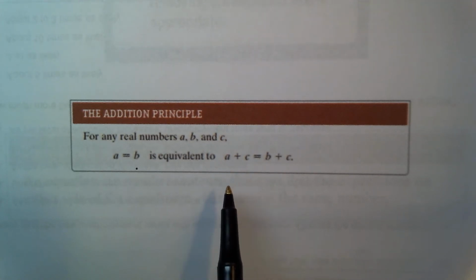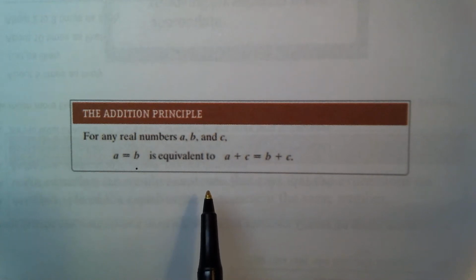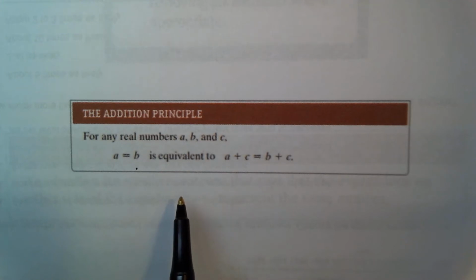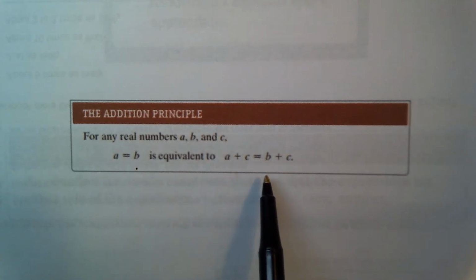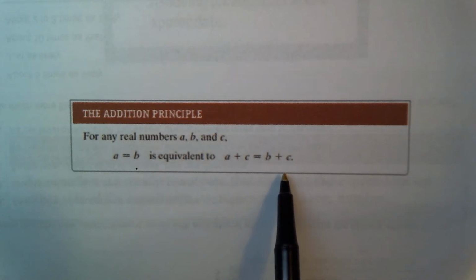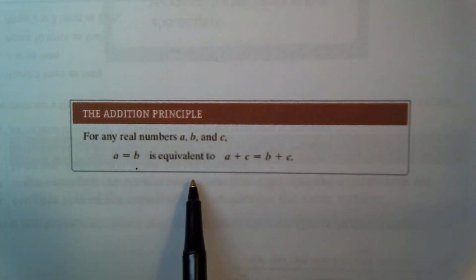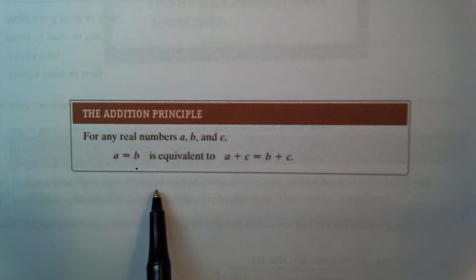And remember, just a moment ago, we talked about equivalent equations, that they have the same solution sets. So what that really says is that this equation has the same solution set as that equation. And you will see in a moment why that's a pretty important concept.